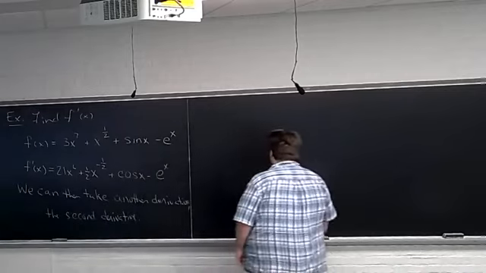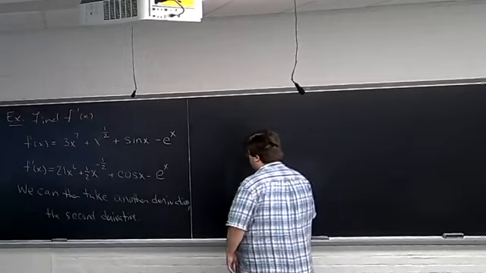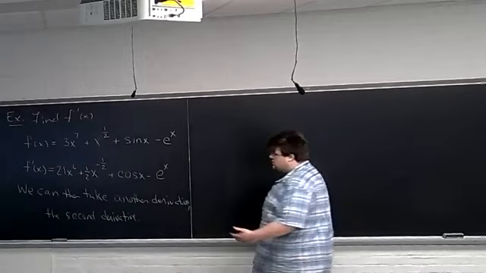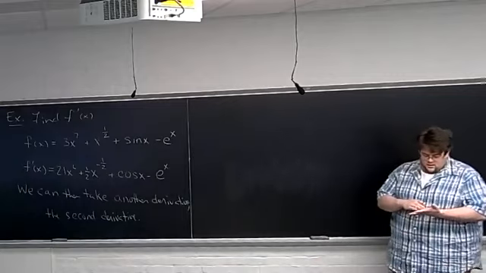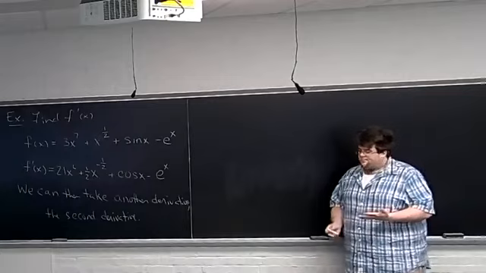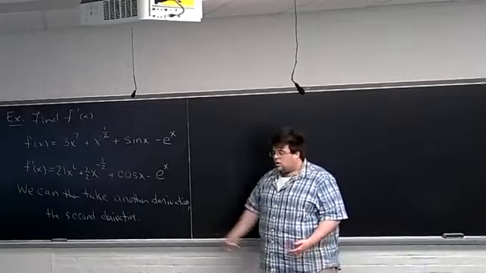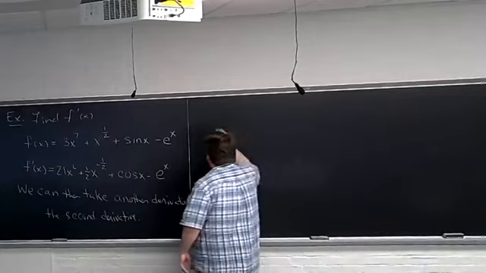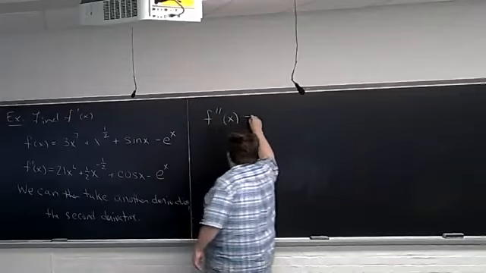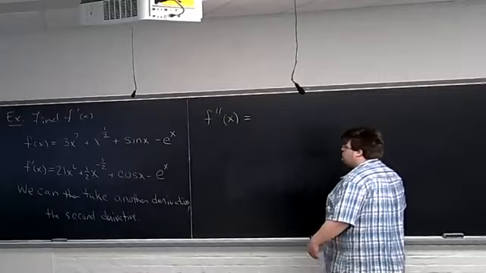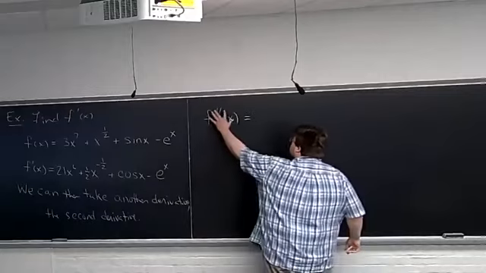Now, there are a few different notations for the derivative. There are a few different notations for the second derivative. We will see pretty much for the second derivative only one notation. So I'll illustrate the second derivative here. F prime prime, so you put a second prime up here.